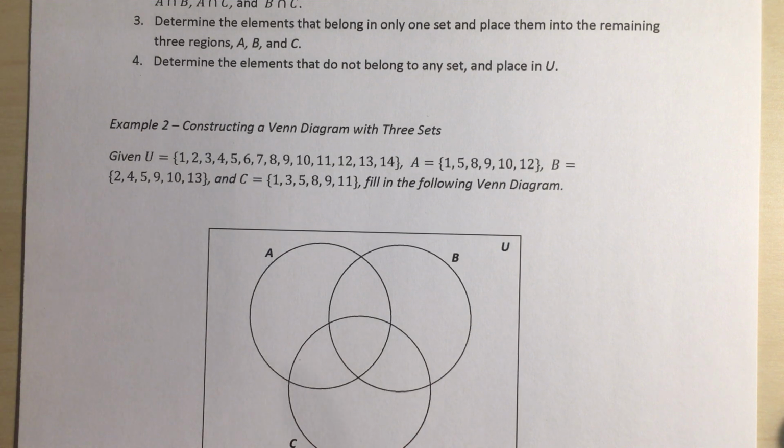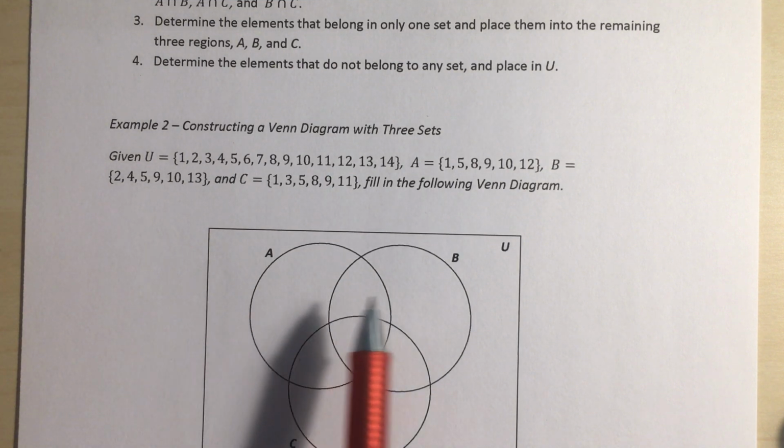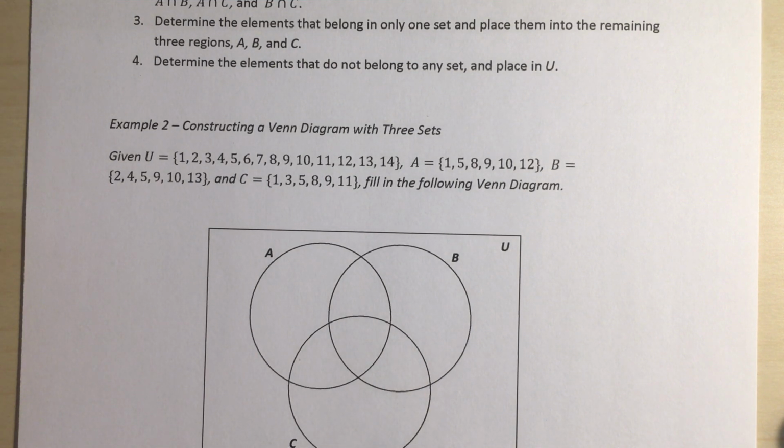Then we work our way outward even more. We look at the elements that belong in only one set and put them in regions 1, 3, and 7. And then we finish it off by putting anything left over outside in our universal set in region 8.